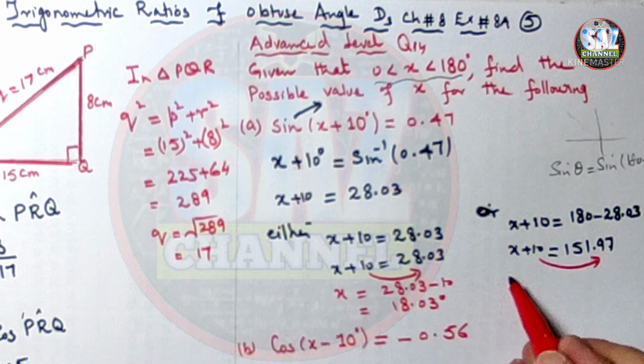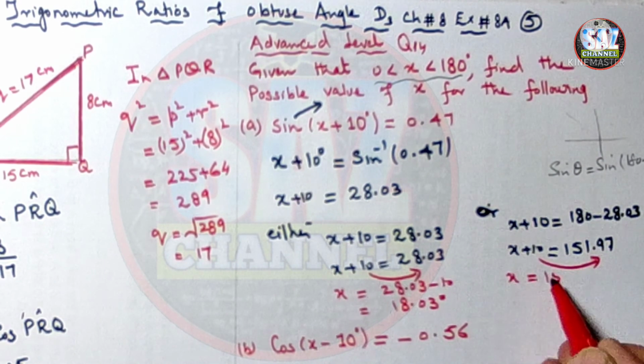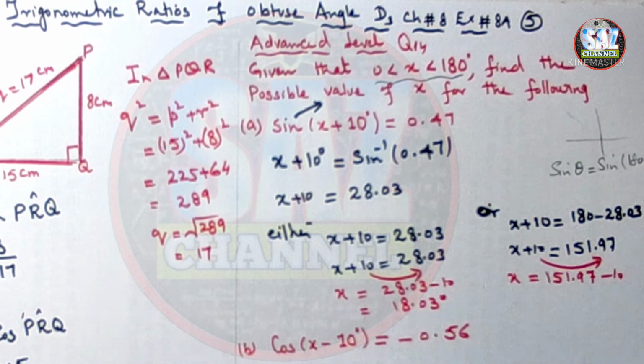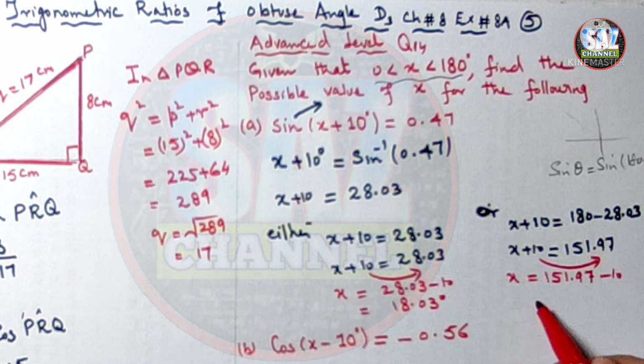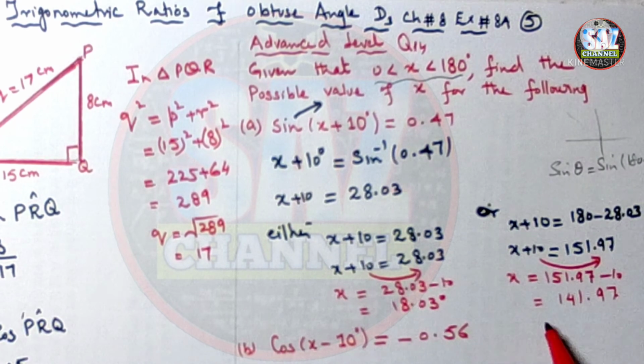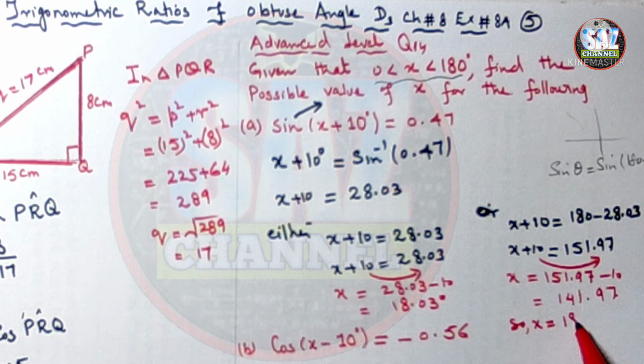Or x equals 151.97 minus 10, and this gives me 141.97. So the possible values of x are either 18.03 degrees or 141.97 degrees.